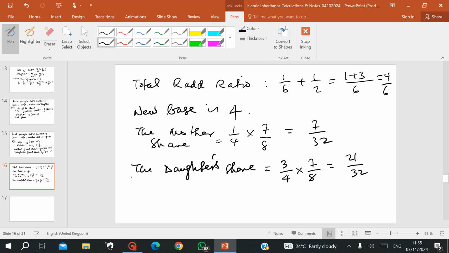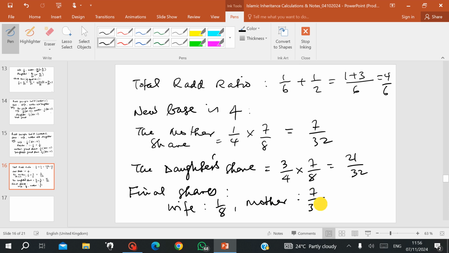So we now say the final distribution or the final shares. We have the wife's own who never had the radd share. It's 1/8. And then mother, 7/32.